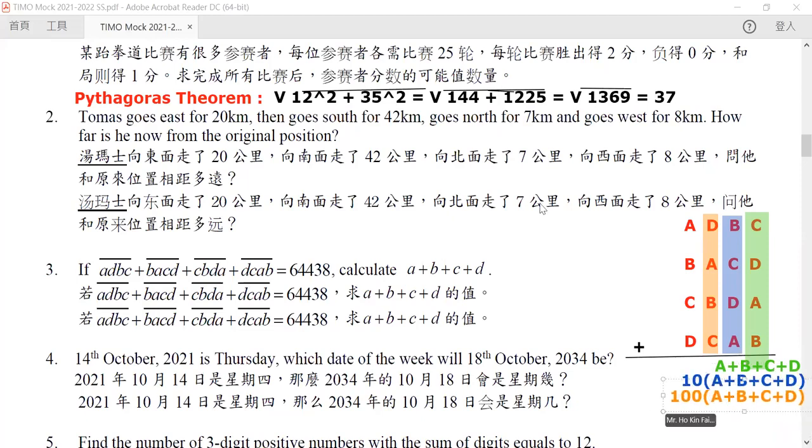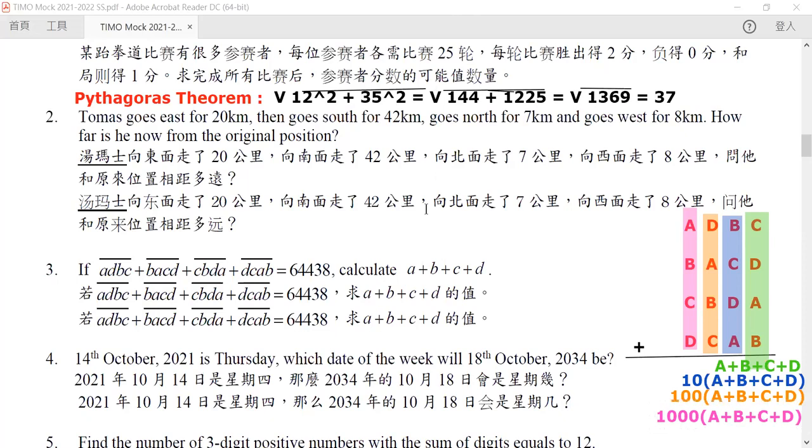The sum of it will be equal to 1000 times A plus B plus C plus D. All right.